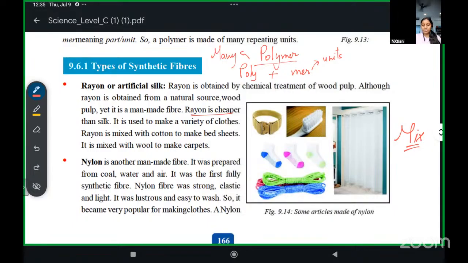Now, rayon, when it is mixed with cotton, is used to make bed sheets. And when you mix rayon with wool, we make carpets out of it.